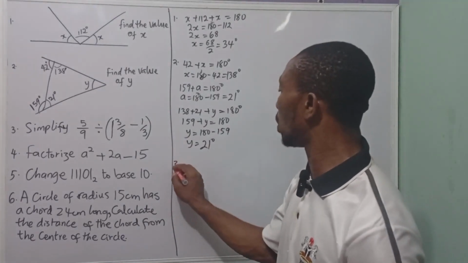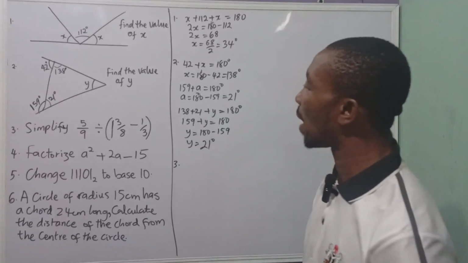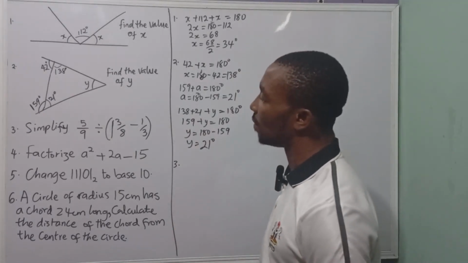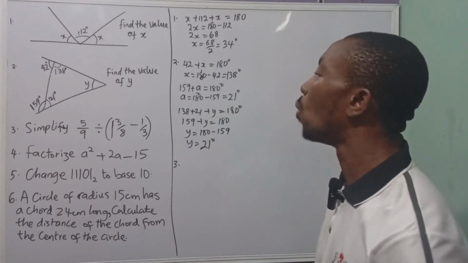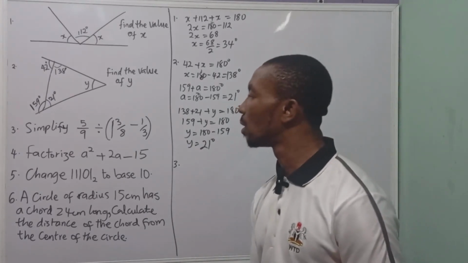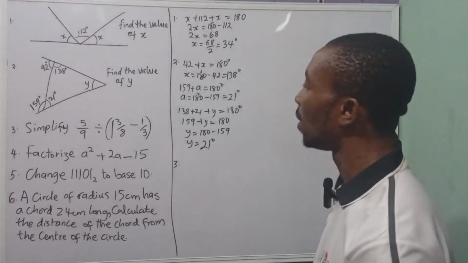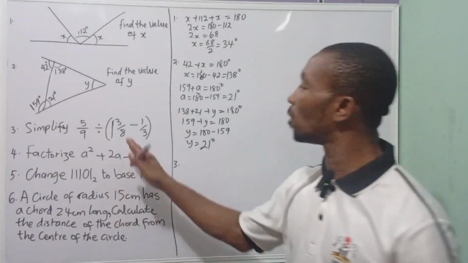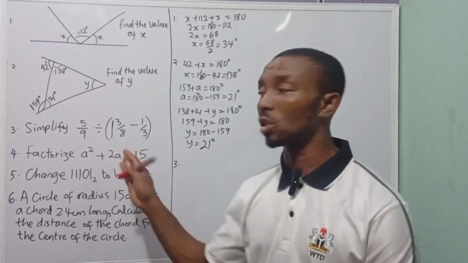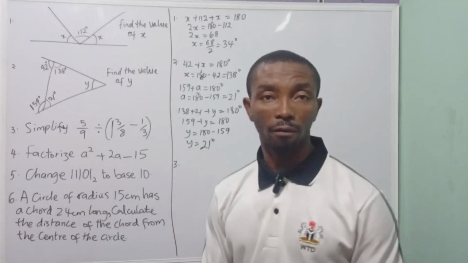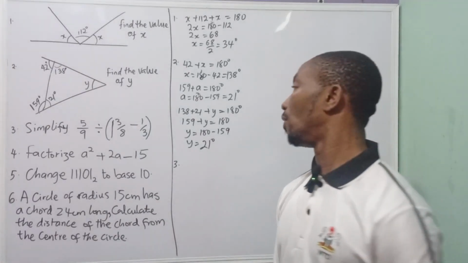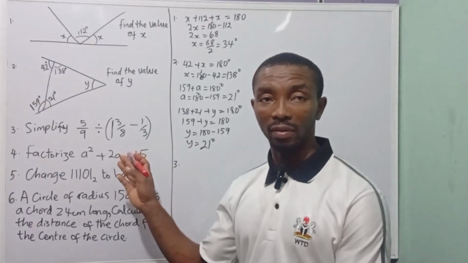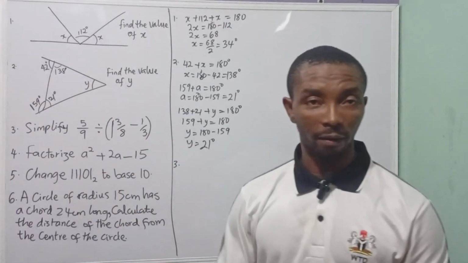Okay, now to the third one, it says simplify 5 over 9 divided by bracket open 1 whole number 3 over 8 minus 1 over 3. Now, before we start simplifying this, we will first of all change the mixed number in the bracket to an improper fraction, then work on what is in the bracket before we divide.